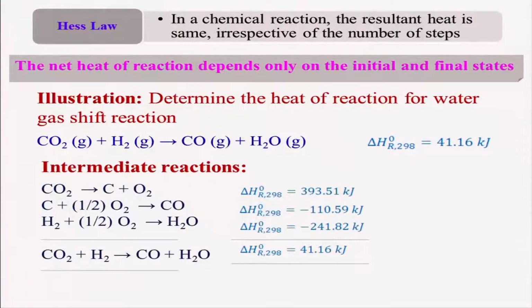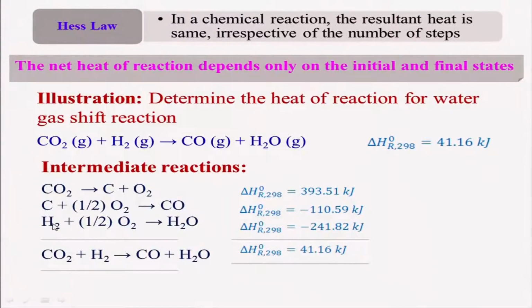Let us say that carbon dioxide is being decomposed into C plus O2, which is an endothermic reaction in this case, 393.51 kilojoules. And this carbon is reacting with oxygen, going to carbon monoxide. This is an exothermic reaction, with 110.59 kilojoules of energy being released.